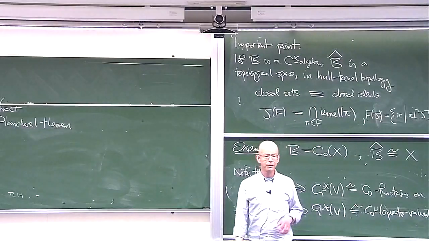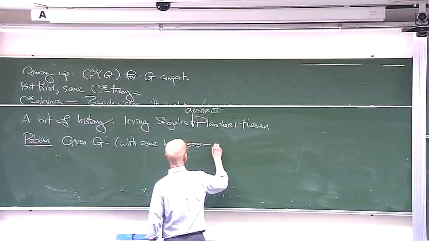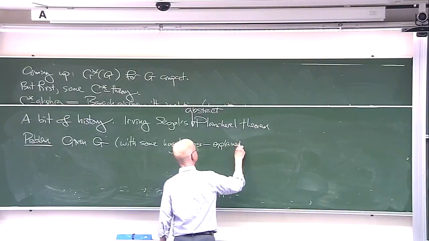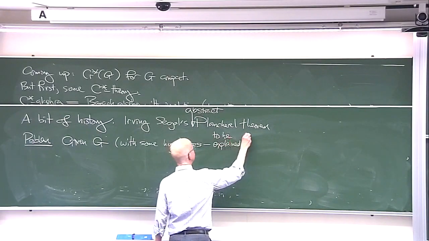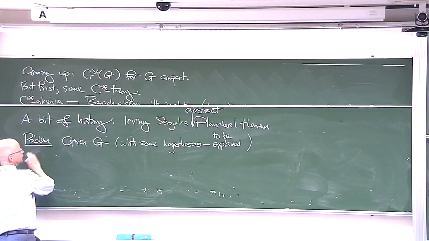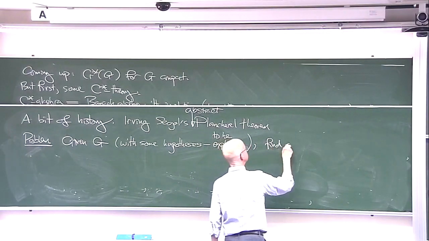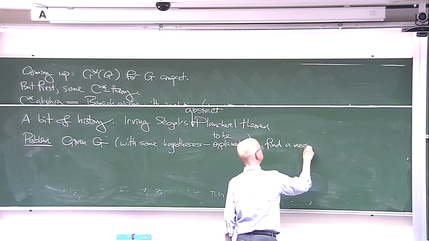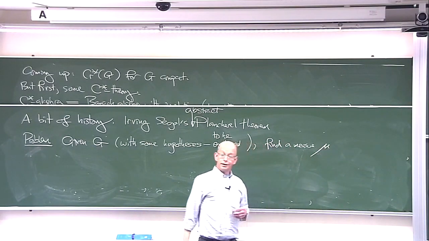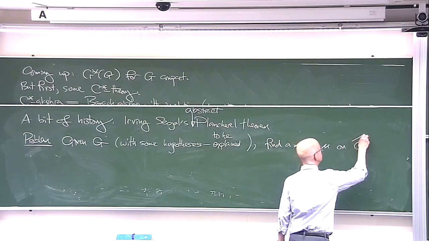So there are some hypotheses, I'll tell you about them in a moment. So what's the problem? The problem is to find a measure mu. It's not a measure on the group, it's a measure on the dual group.